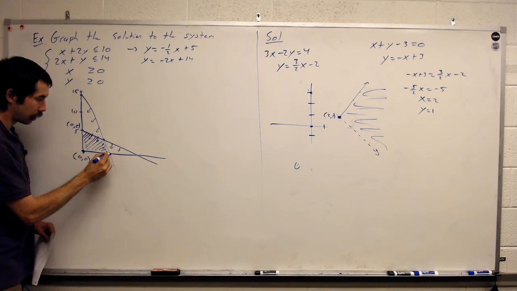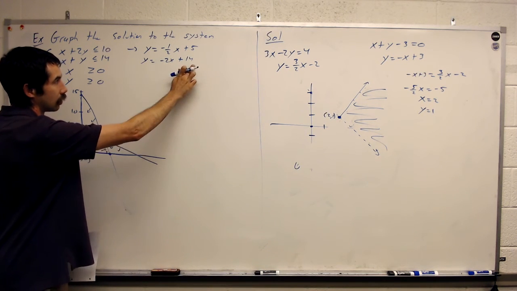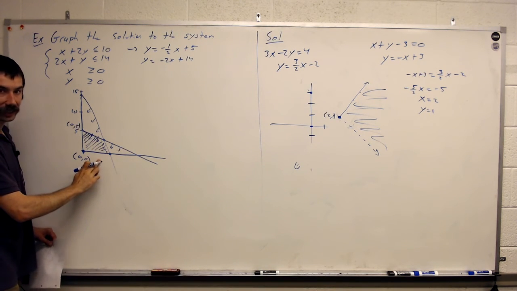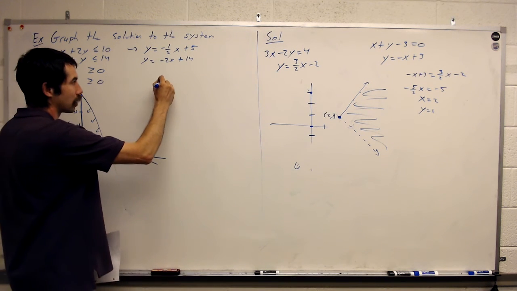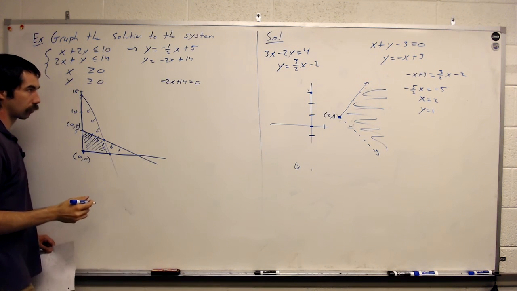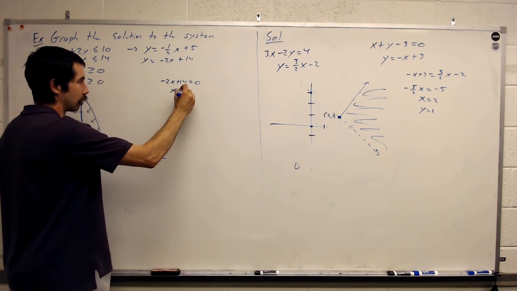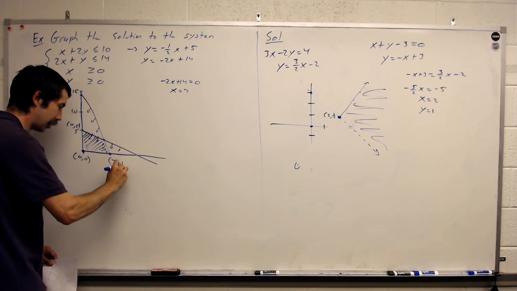This corner, simple enough. It's when this line intersects the x-axis. So this corner here is when minus 2x plus 14 equals 0. That's when x equals 7. Okay, so this corner is 7, 0.